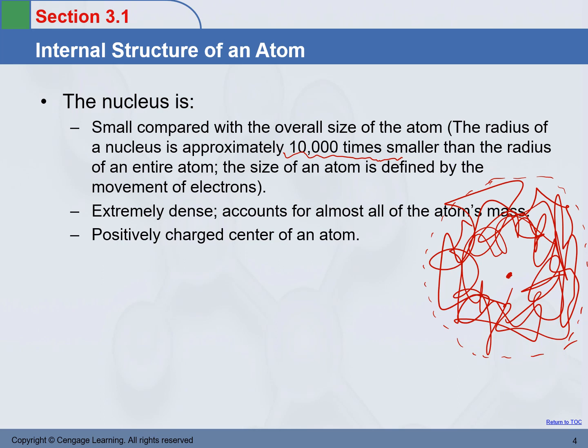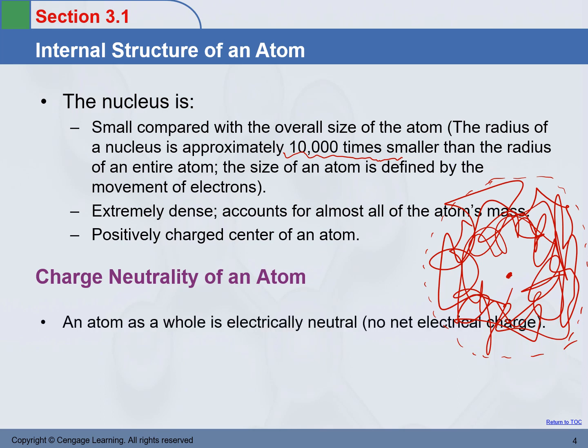It is positively charged. That makes sense too because it carries protons. An atom is neutral. That tells us an atom as a whole is neutral, which tells us the number of protons equals the number of electrons inside an atom.